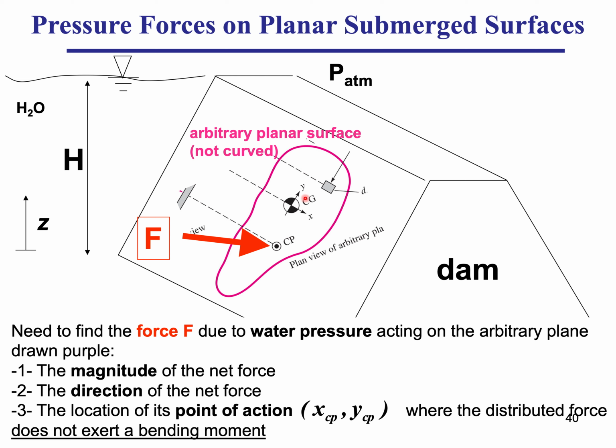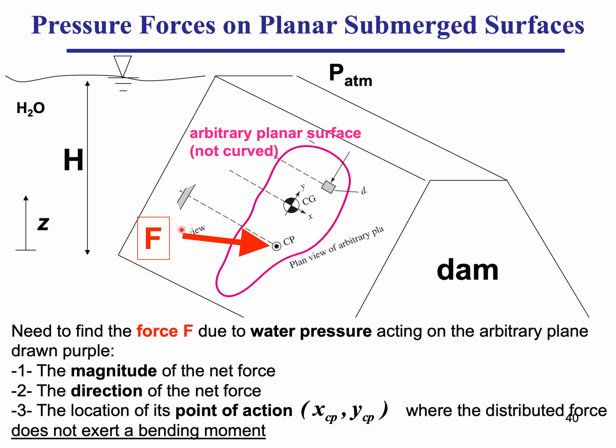And what we're going to do, just like we have done before, is pick an elemental area dA, and on that elemental area we're going to find the pressure, which is ρgh, and continue to find the net force on this area marked by the pink contour, and its point of action, which we will call the center of pressure, which we have seen before, and we have learned how to compute it.